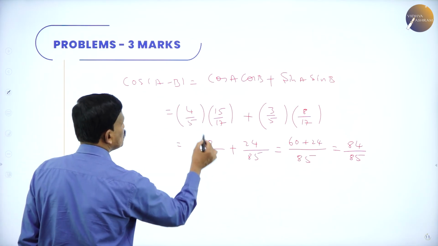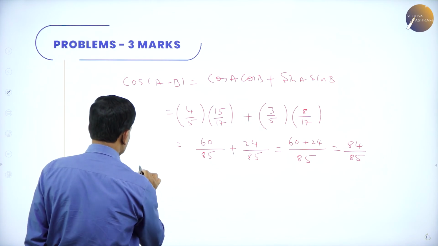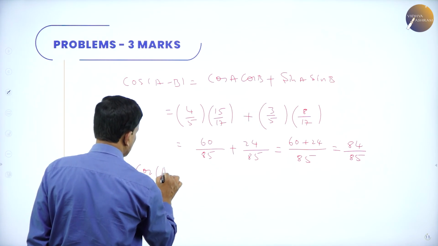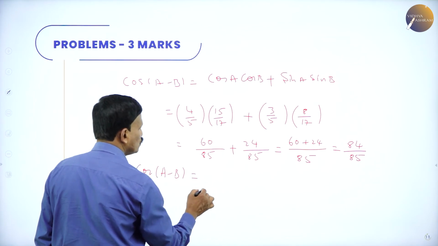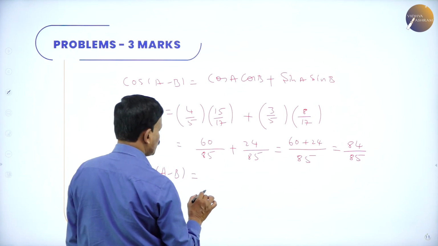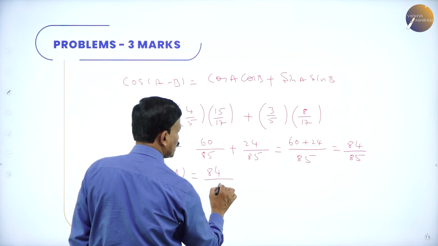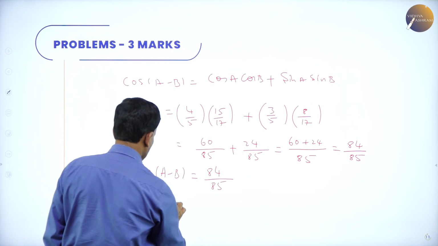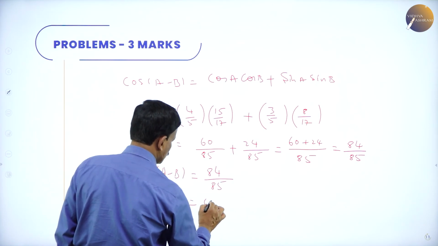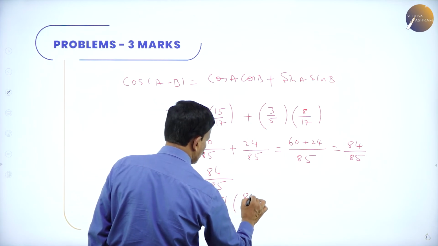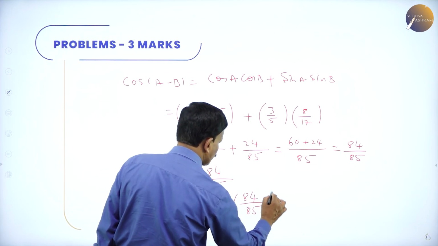So cos A minus B is equal to 84 divided by 85, and A minus B is equal to cos inverse of 84 by 85.